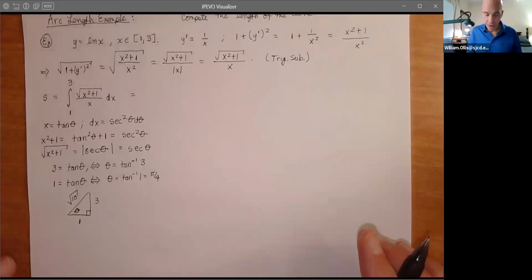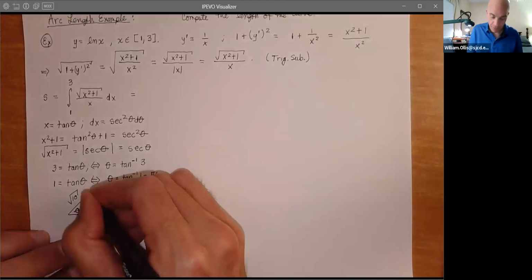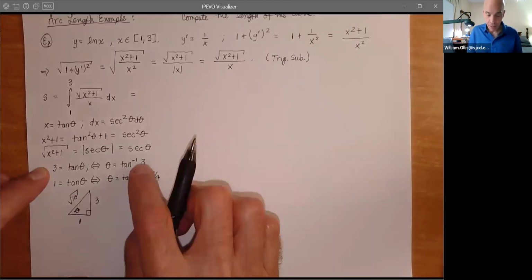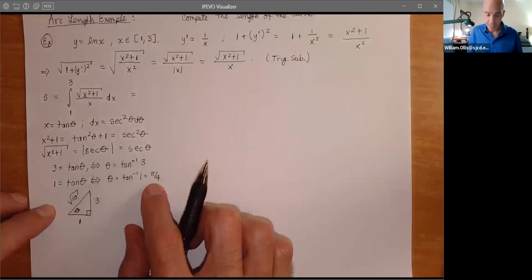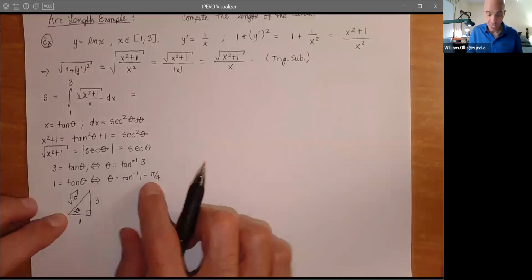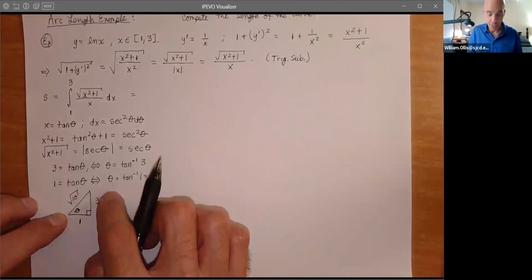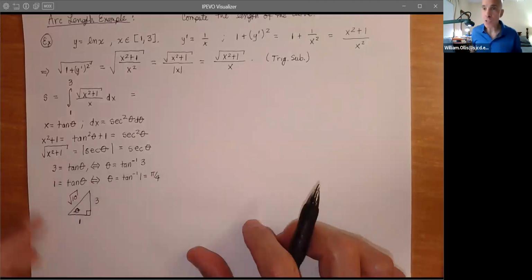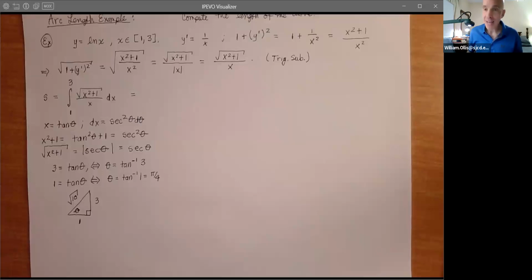So the idea here is normally we would have variables. So since this one is the difficult one, we know this one easily, but this is the difficult one. So we'll just do tangent theta is 3 opposite over adjacent, and then use the Pythagorean theorem. And that'll help us to evaluate values that may come up in our definite integral. So I was thinking I'll change the variable, but this will work fine.